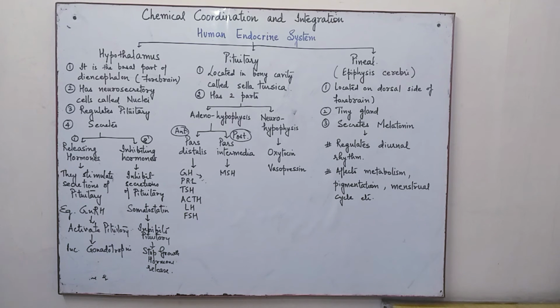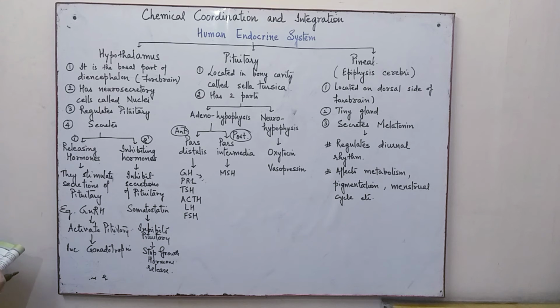If it is secreted more, it results in abnormal growth of the body of an organism, which is known as gigantism, and lower secretion results in dwarfism, that is, the growth is highly reduced.